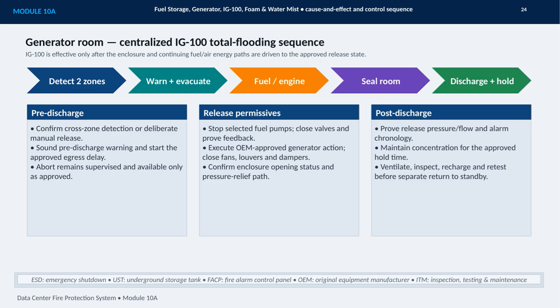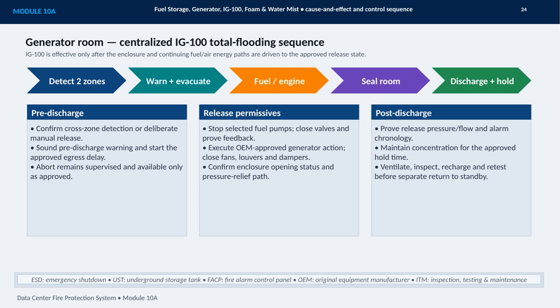Next, the release permissives are executed. Selected fuel pumps are stopped, valves are closed and their feedback is proven, and the generator performs its OEM-approved action. Fans, louvers, and dampers are also closed, while the enclosure opening status and pressure relief path are confirmed.